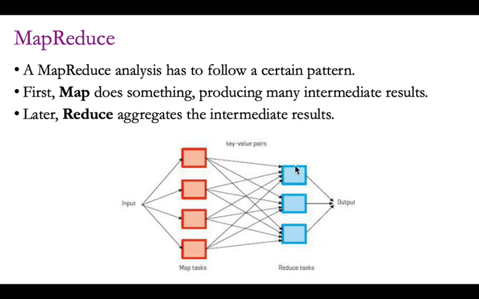Then all those outputs are run through reduce functions. The reduce takes a bunch of those intermediate results that were output in the previous stage and produces one output. So you compute many things, and then you take those many things and reduce them in some way. It's a very general structure for a program. But then you actually write the code for the map and the reduce so that it implements what you're trying to solve.